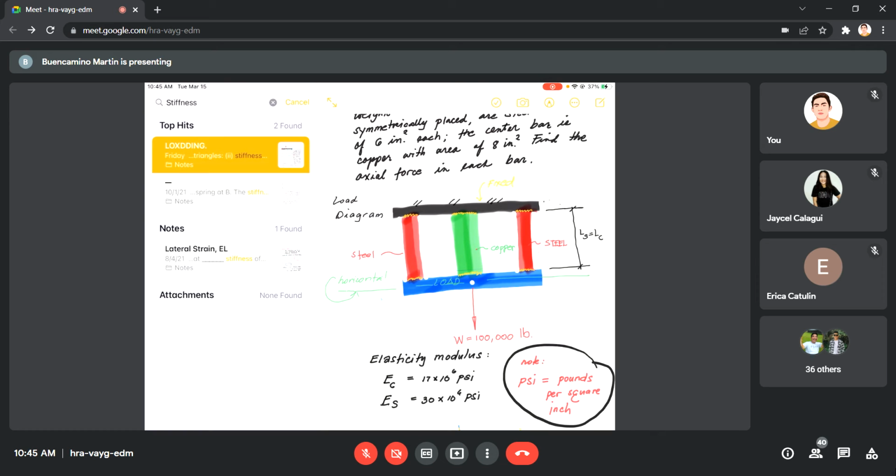Hindi naman palaging metric. Kasi kahit na metricated na ang Pilipinas, meron pa rin gumagamit ng inches, feet, pounds.